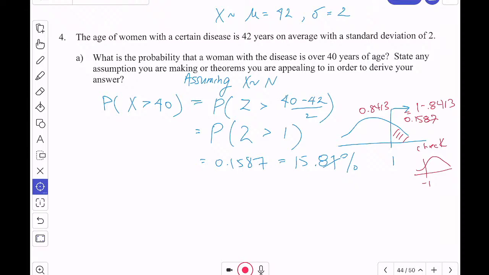So there are 2 ways to do it. You can look on the negative side, or you can do the 1 minus on the positive side. If you did 1 minus, you would be finding this. That's not what you want. You want this. So be clear about what you have.